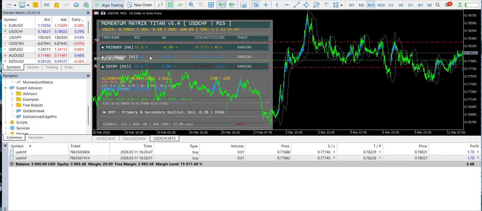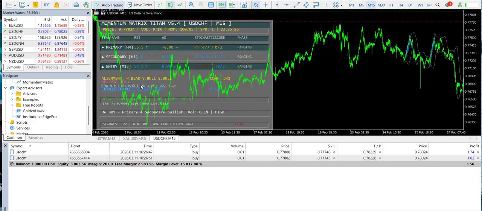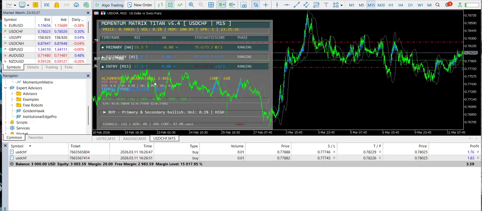This one, the second one, it is changing. And then also E, meaning entry, also bull. So I'll repeat that one. P means primary, which is the 4-hour time frame. It is showing that it is bear or it is changing. That is what it means.